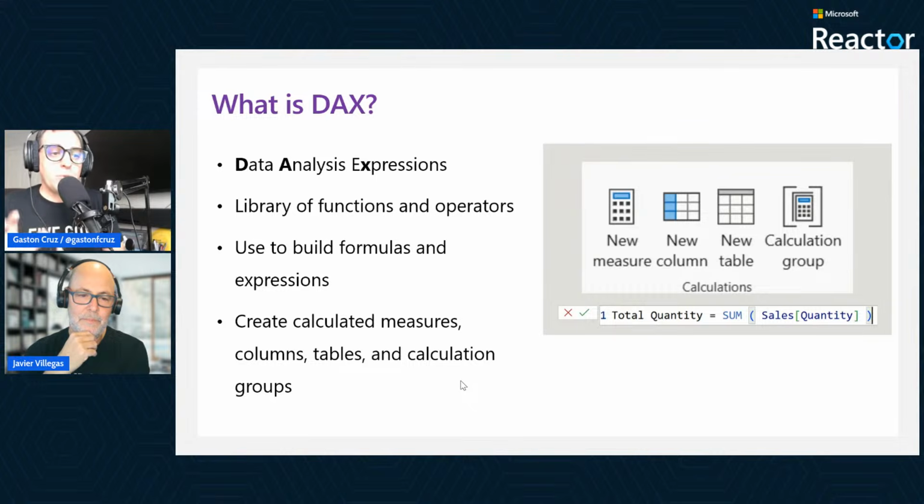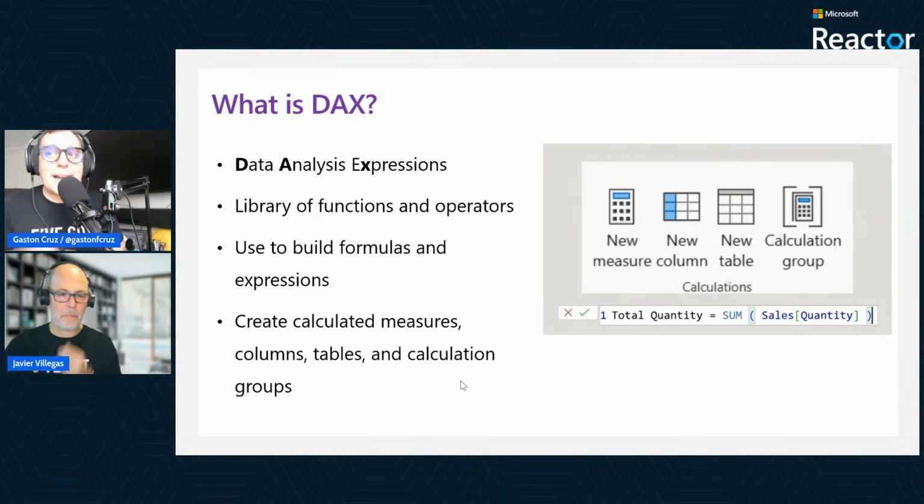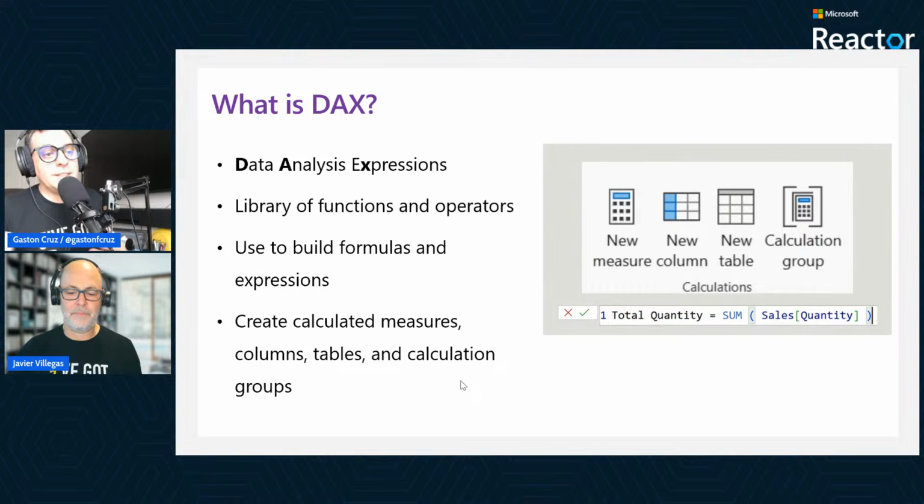Let's say that I'm dropping a date table, or I am dropping a country table. The total quantity is going to leverage that calculation with the context. So in our case, it's going to calculate the total quantity by country, or by date, or by year, or by month, based on the context of where I'm using that measure.